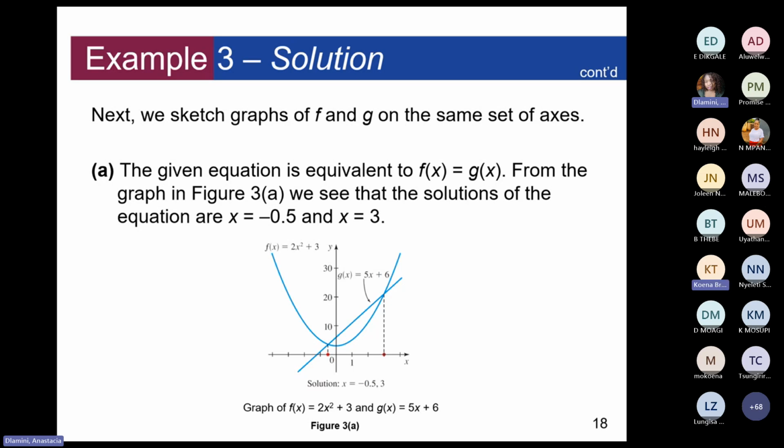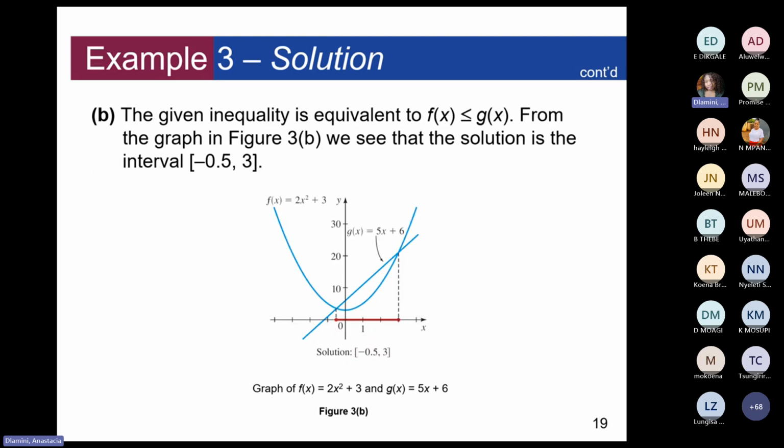From the graph, that's where those two graphs are equal, at x equals negative 0.5 and x equals 3. For B, the given inequality is equivalent to f of x less than g of x, since the shark is eating g of x, so g of x is on top of f of x. And yes, the interval is negative 0.5 to 3.